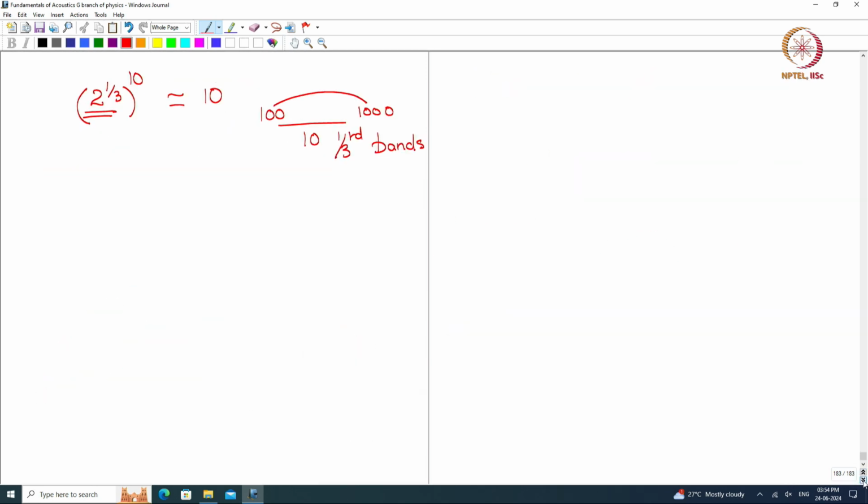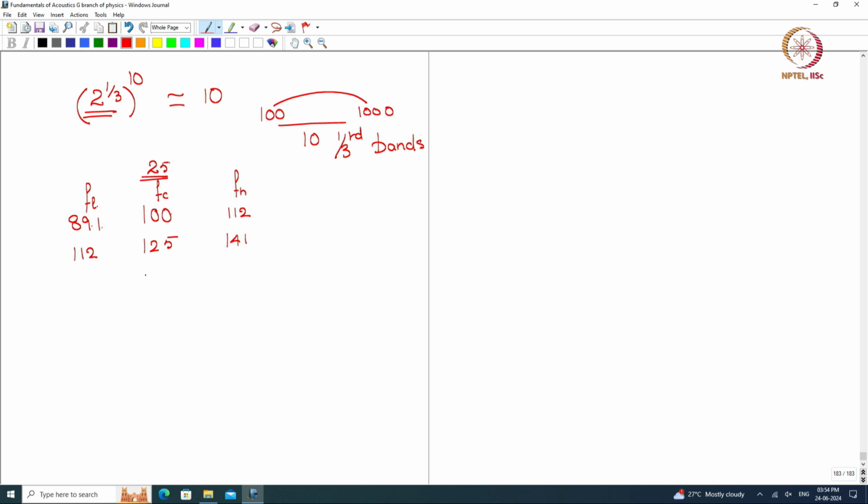So these bands start at 25 or lower, but it is unimportant. Suppose I have 100 hertz as the center frequency; the higher frequency is 112 and the lower frequency is 89.1. Then the next center frequency is 125, with a higher band edge of 141 and lower of 112.